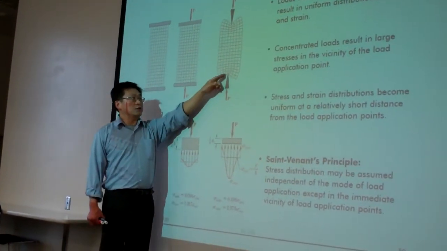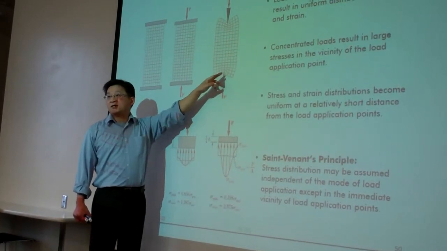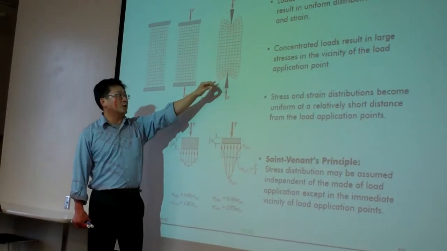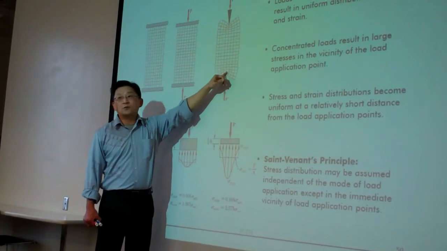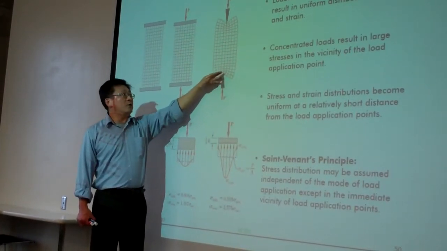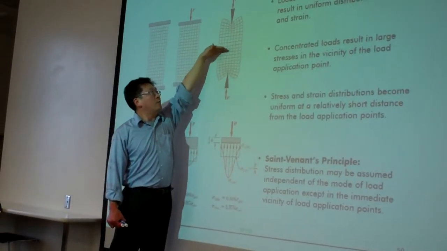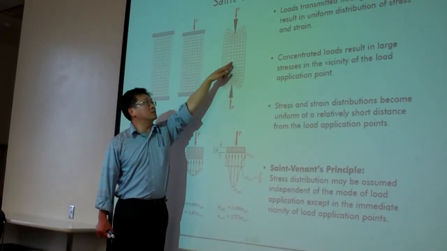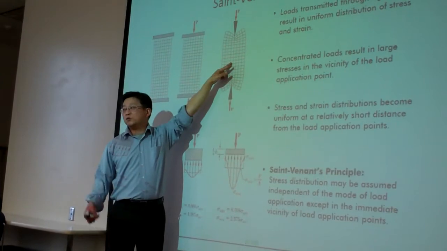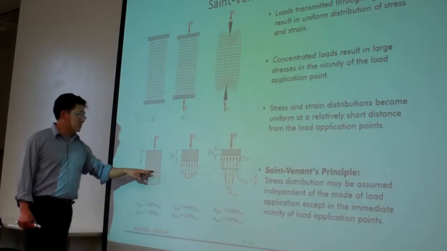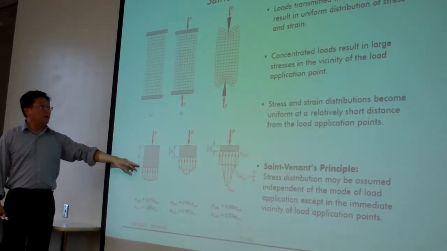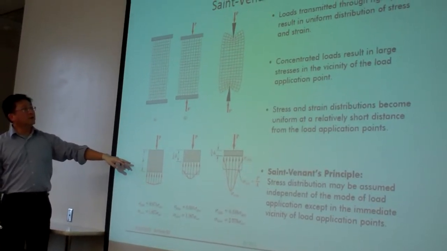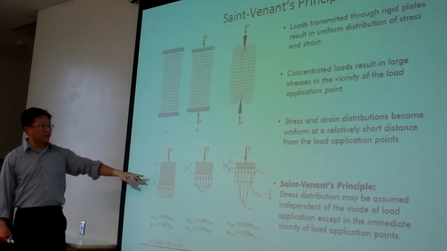If stress concentration occurs, the most serious part is around where the loading is applied. If we take a point farther away from the loading application, then the material is deformed pretty much uniformly. We look at this diagram here, and this is called the Saint-Venant principle.